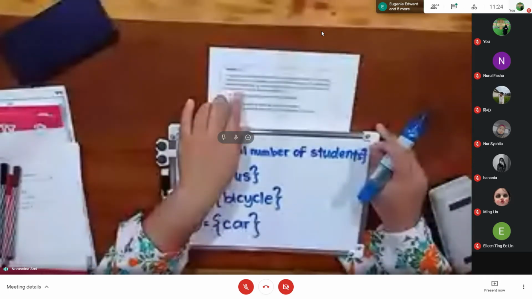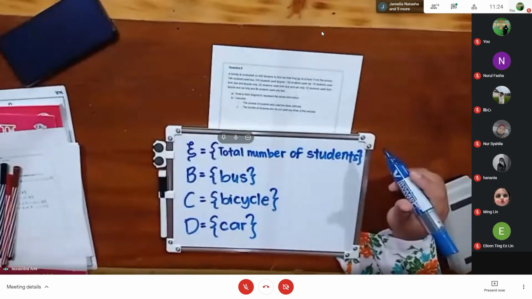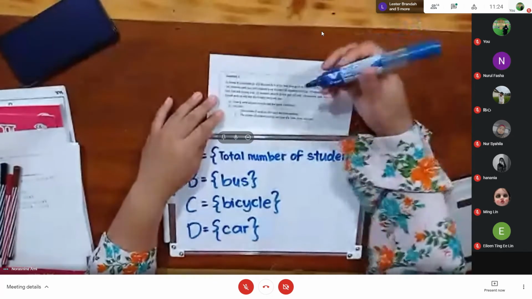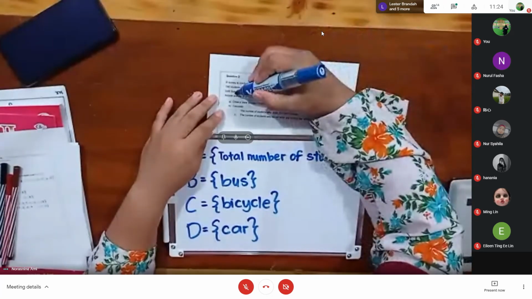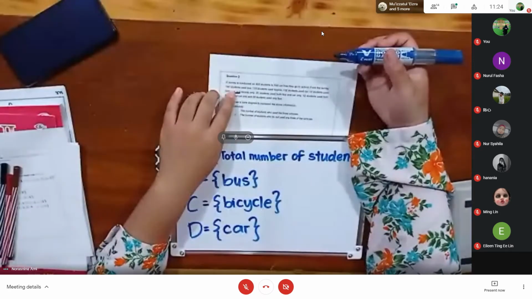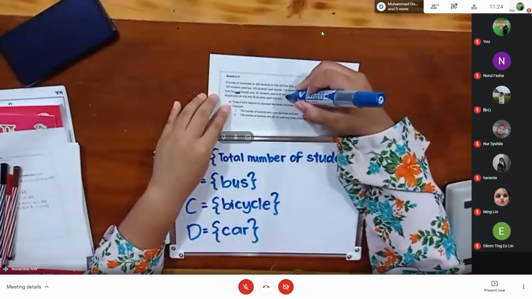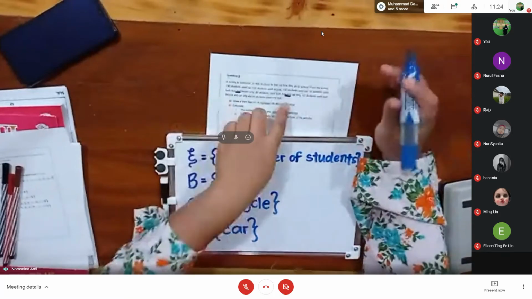Okay, because 16 students use both bus and bicycle only, you highlight the word bus and bicycle. This is intersection. And next is 20 students who use both bus and car. Bus and car, you highlight that.